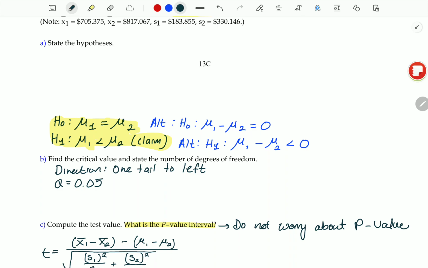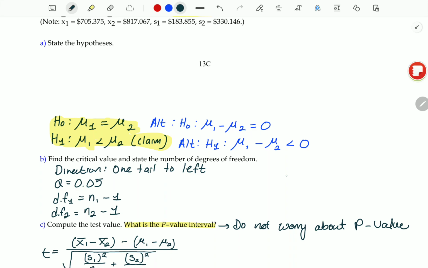And then we must use the smaller degrees of freedom. So let's find the degrees of freedom for both groups. For the first group, it is the sample size of group 1 minus 1. And for the second group, it is sample size 2 minus 1.